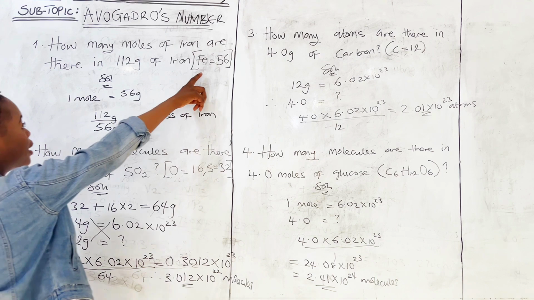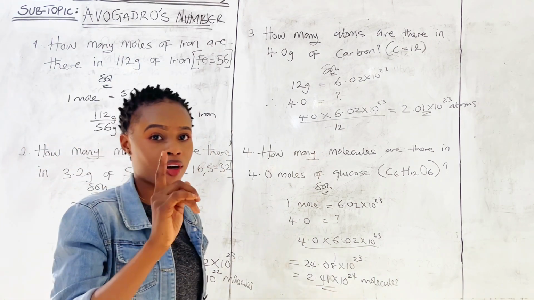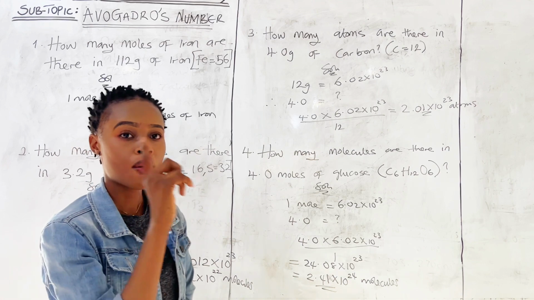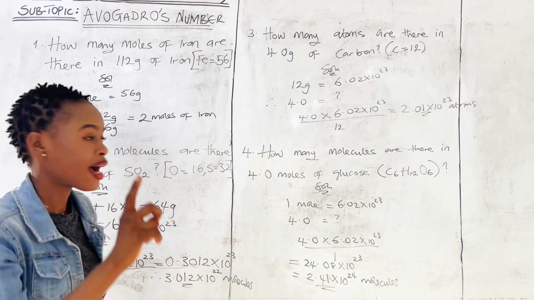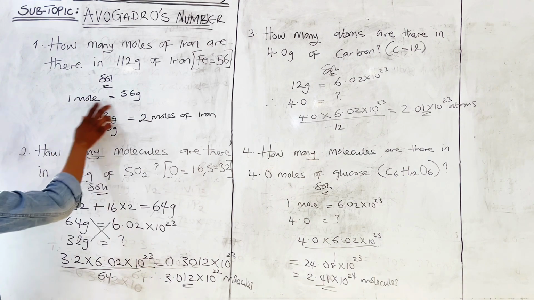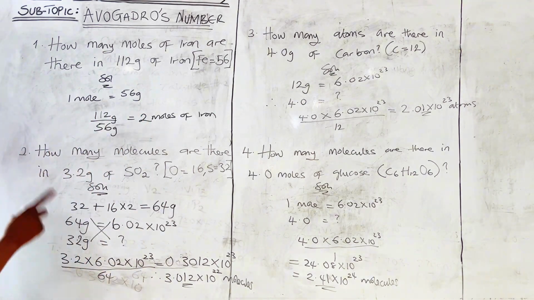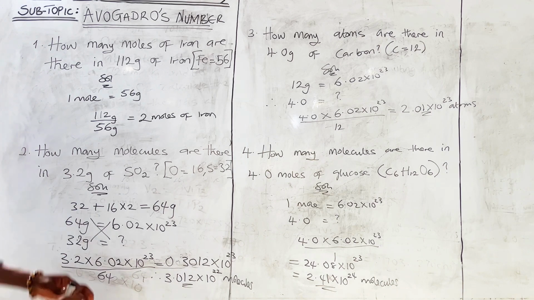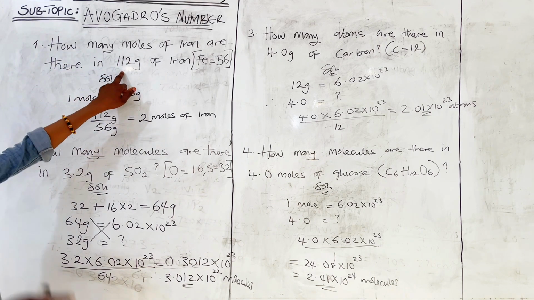Now, we're given the mass number of iron, and remember, mass is in gram. So this 56 represents 1 mole of iron. That's why I wrote 1 mole is equal to 56 gram. Now, if 1 mole is equal to 56 gram, the question says, how many moles are there in 112 gram? Do you understand?